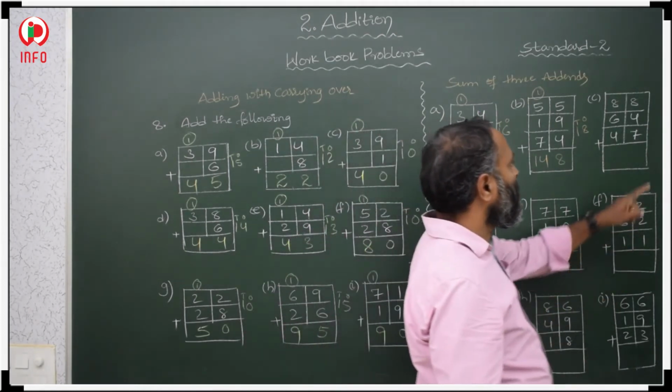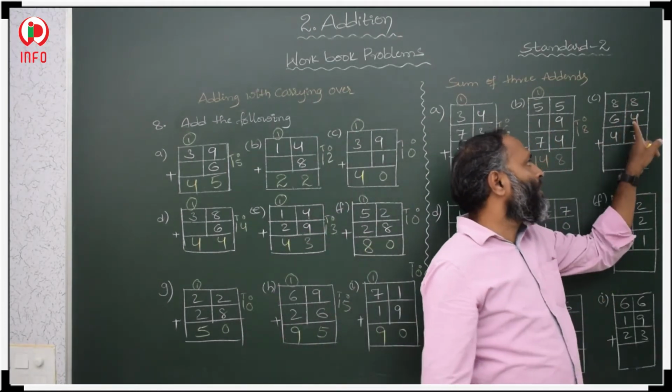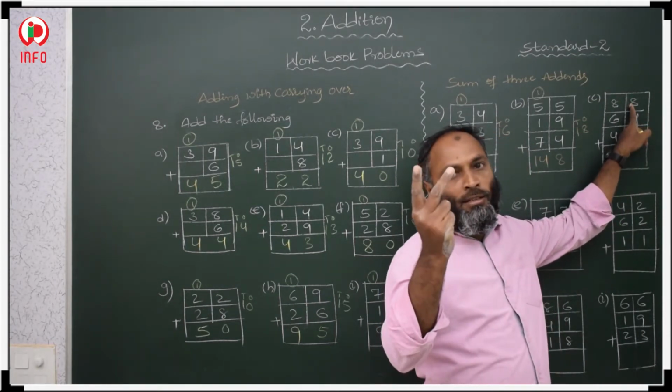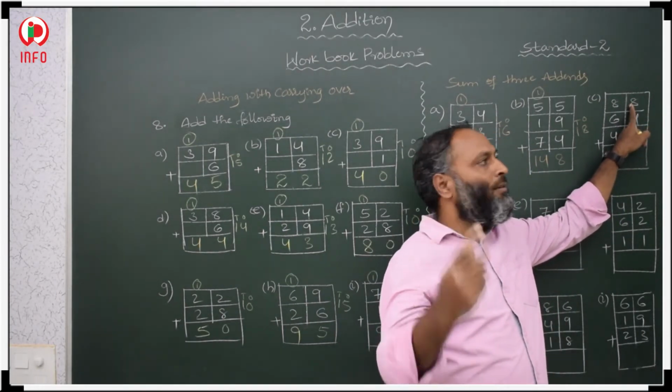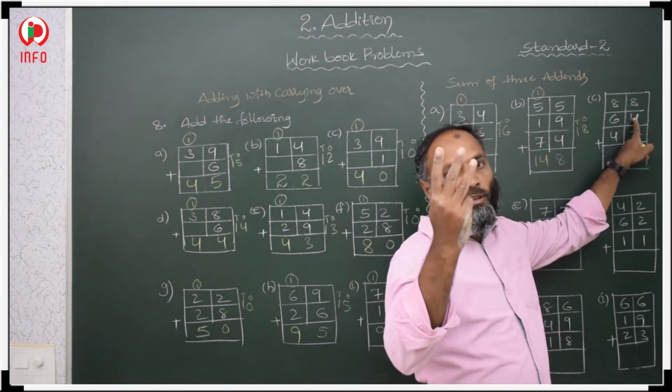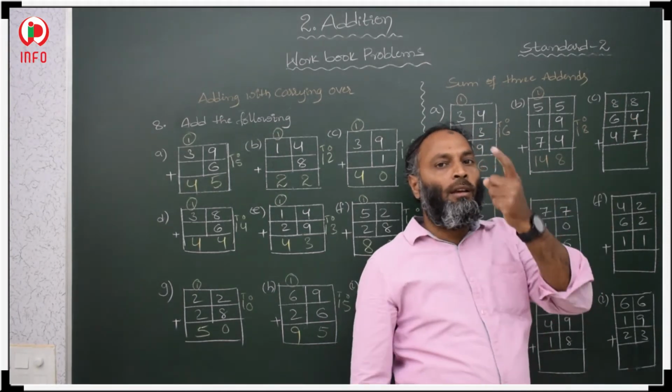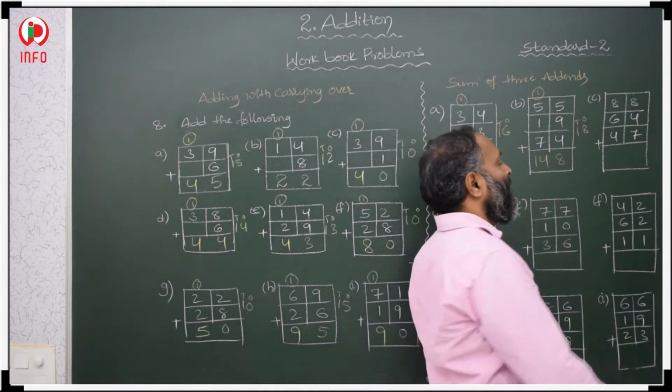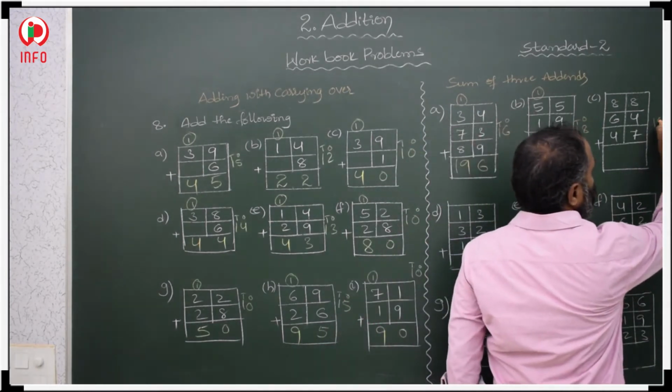Now here 8. 8 plus 4: 8, 9, 10, 11, 12. 12 plus 7: 12, 13, 14, 15, 16, 17, 18, 19. 19 here.